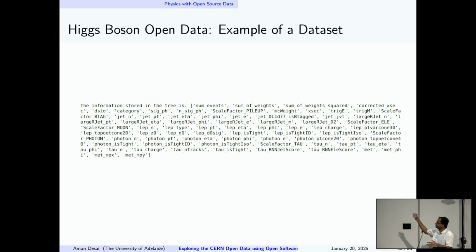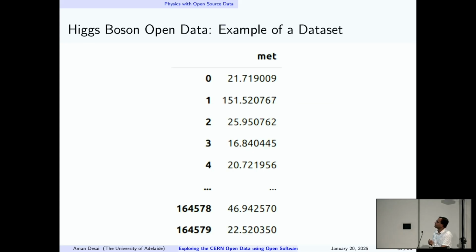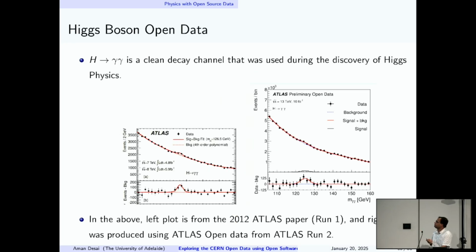We store whatever is necessary to analyze physics, like momentum, whether it's a lepton, its trajectories and information on that. And this is one of the columns, so it's just numerical data. This is missing energy, by the way.